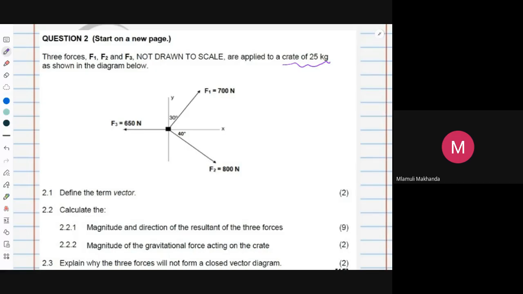Now, let's define the term vector. This was 3 marks. One thing I always advise is to make sure you know all of your definitions before an exam, because they contribute about 13% of your whole paper, if I remember correctly. I stand to be corrected, but I think it's 13%.